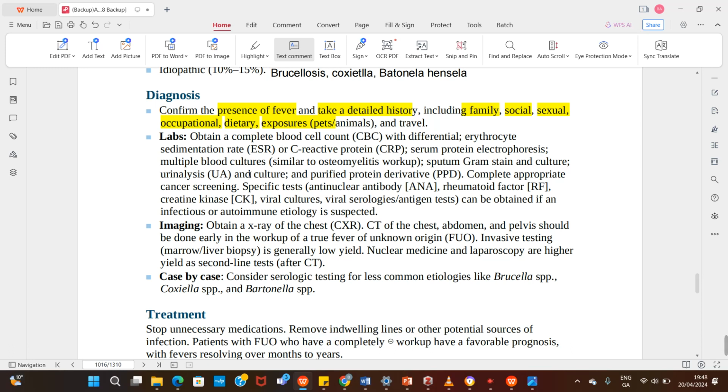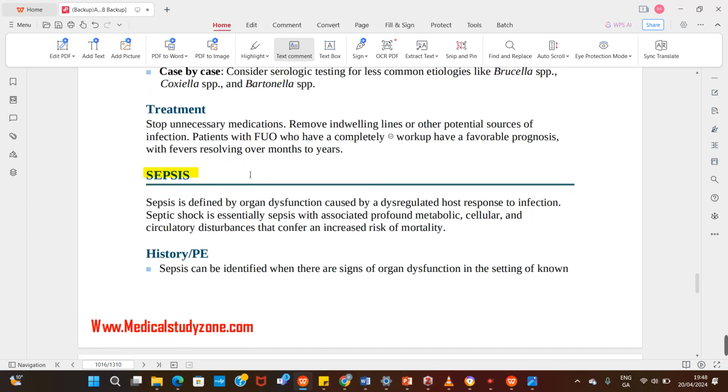For the imaging, you must always do your chest X-ray for tuberculosis, sarcoidosis, histoplasmosis, and your CT of the abdomen, pelvis, and chest. Rule out occult abscess hiding somewhere, right? And treatment is going to depend on what you find, but make sure you stop unnecessary medication because drug fever is a very common cause.